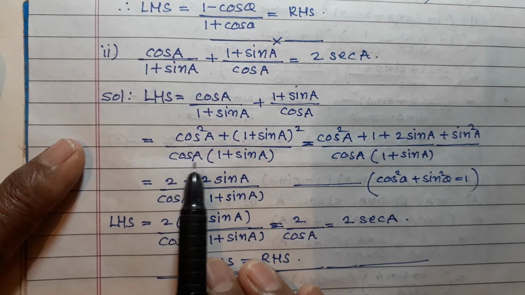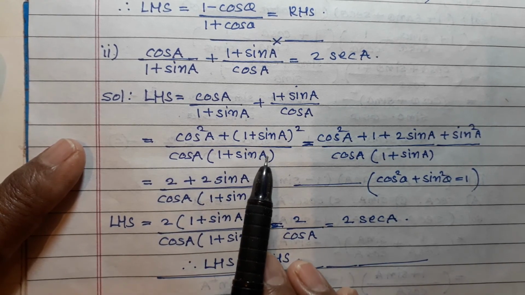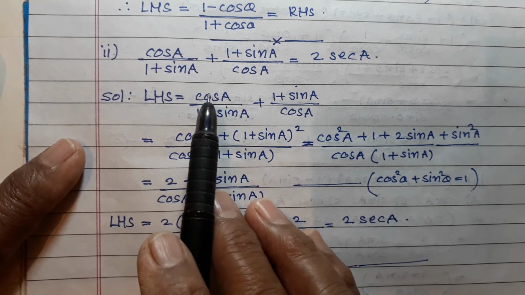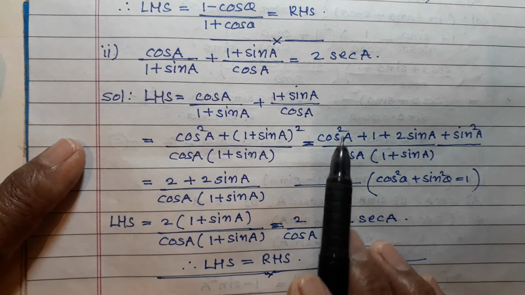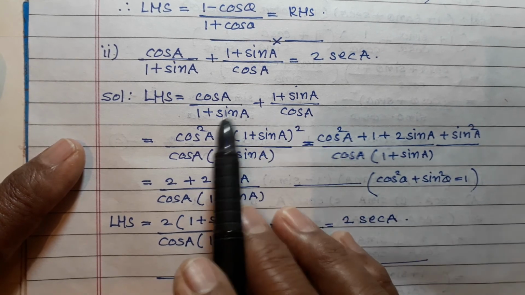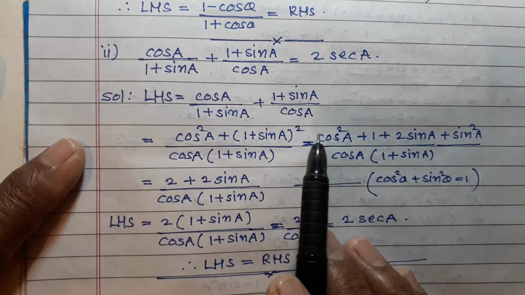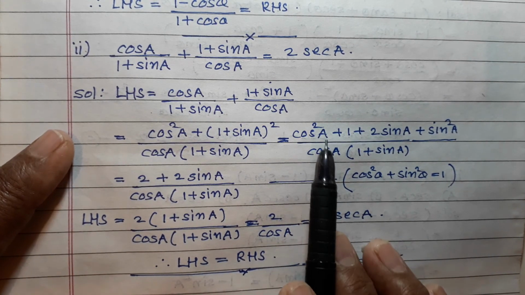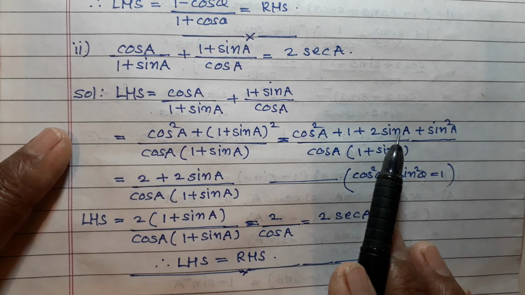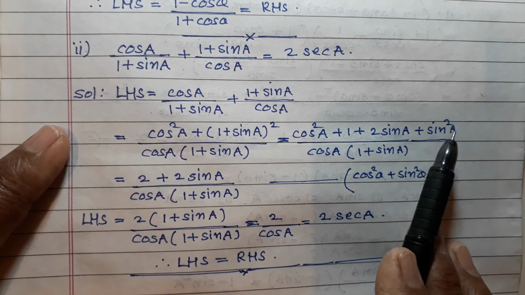My denominator is cos A into (1 plus sin A). I multiply by cos A here and by (1 plus sin A) here. So this is equal to cos square A plus (1 plus sin A) square. Expanding, this is cos square A plus 1 plus 2 sin A plus sin square A.